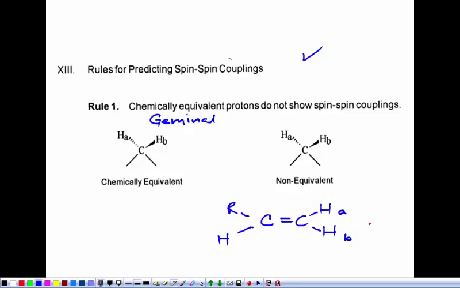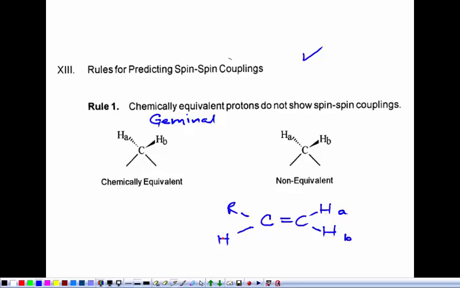One of the best examples is, let's say the molecule looked something like this. If you had this molecule, this A and that B hydrogen, because there's no mirror plane that you can cut the molecule in half with, would actually be not equivalent.